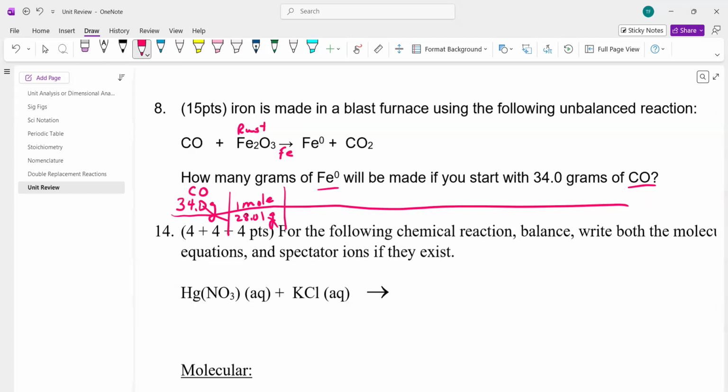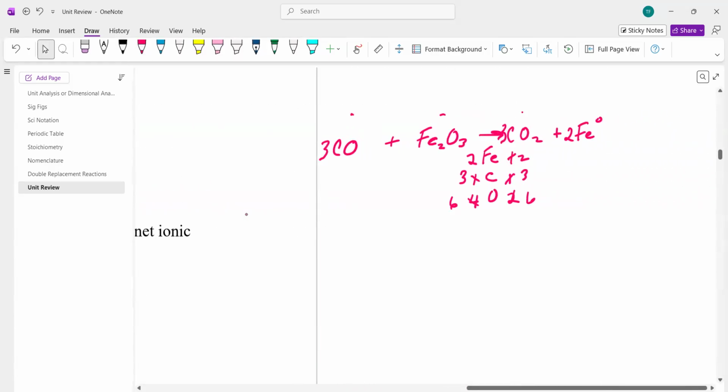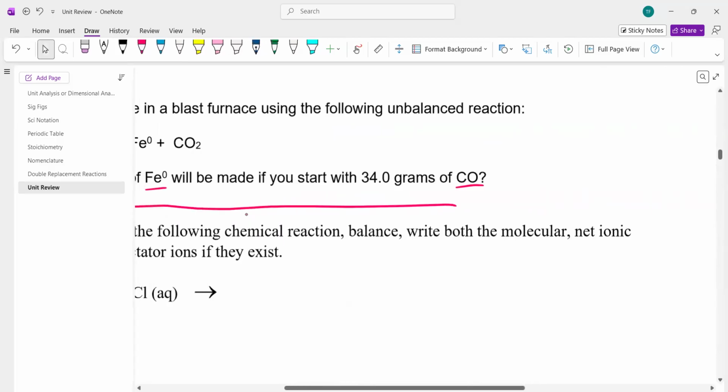Now we need to go to the ratio from the balanced equation. So we're looking at iron and carbon monoxide. Here's iron, 2, carbon monoxide is a 3. Now, 3 has got to go on the bottom because we have to cancel that, otherwise it won't cancel.